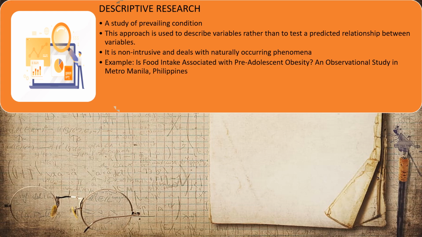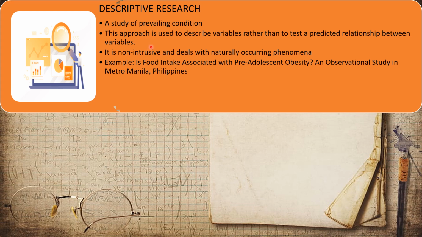Under non-experimental research design is descriptive research, a study of prevailing condition. It is used to observe, document, and describe a phenomenon occurring in its natural setting without any manipulation or control. This approach is used to describe variables rather than to test a predicted relationship between the variables.